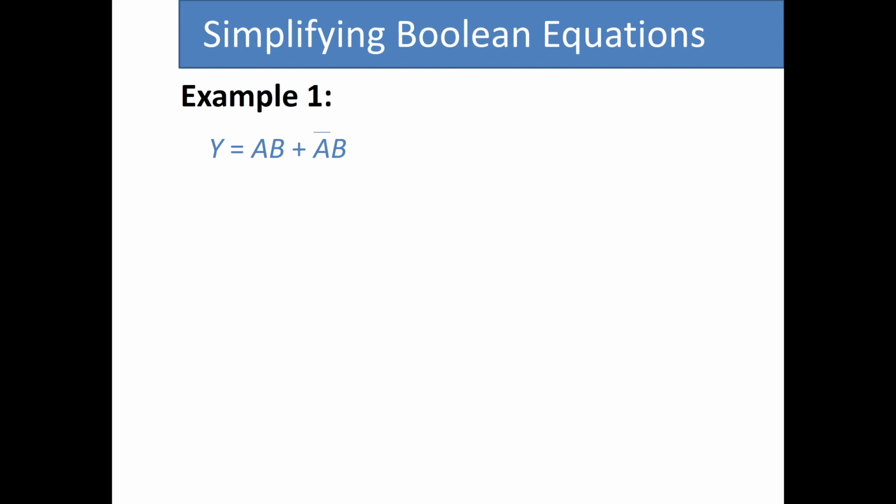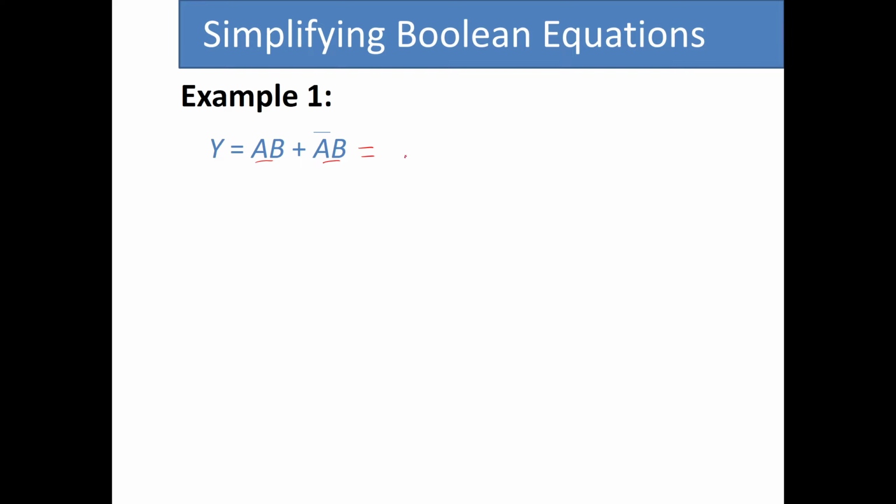So let's just go through some examples on how we can use these theorems to simplify Boolean equations. So for the first example, we have AB plus A bar B. What we see here between these two terms is that B is common between the two.